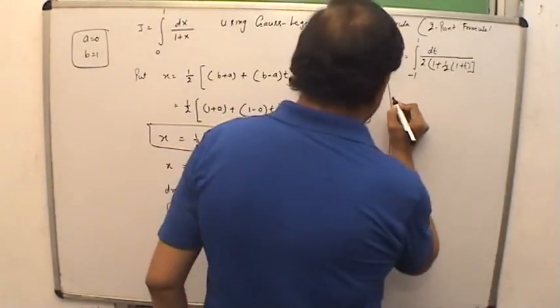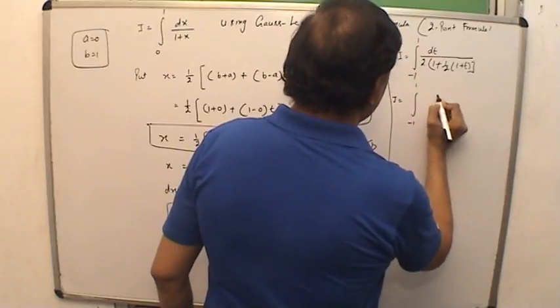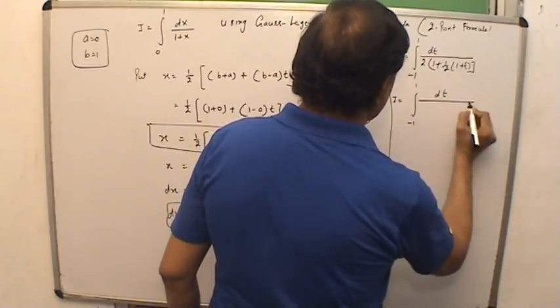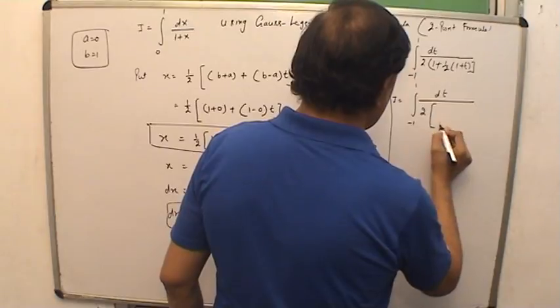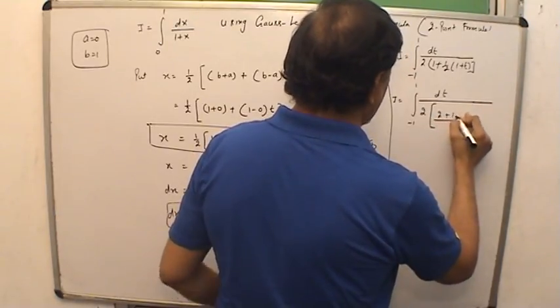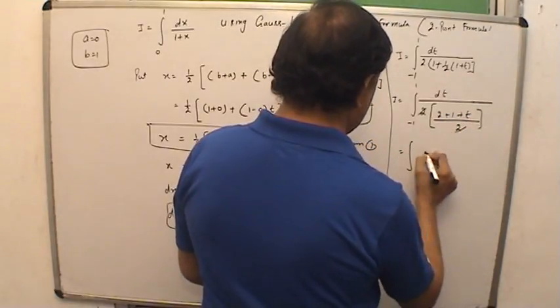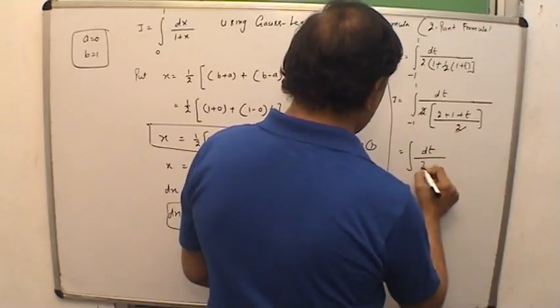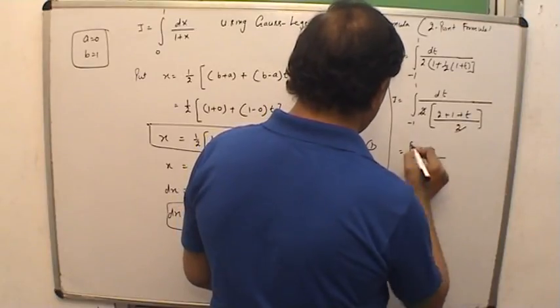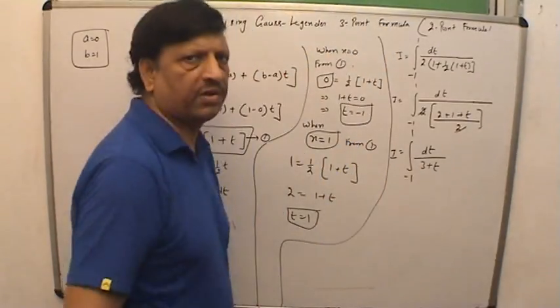Let's calculate the denominator, that is integral from minus 1 to 1 of dt divided by 2. Here we take LCM, 2 plus 1 plus t, that is equal to the integration of dt upon 3 plus t, from minus 1 to 1. Now it is a comfortable zone of the problem, Gauss-Legendre form.